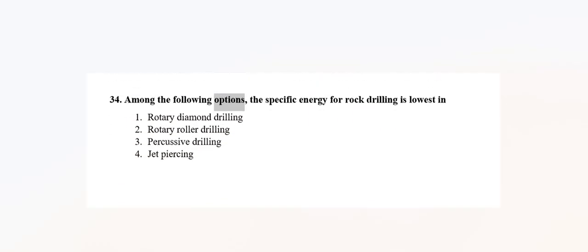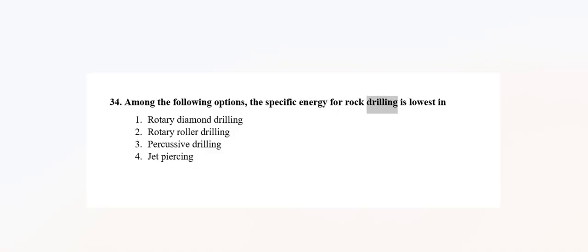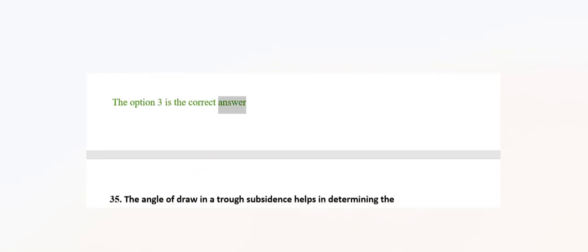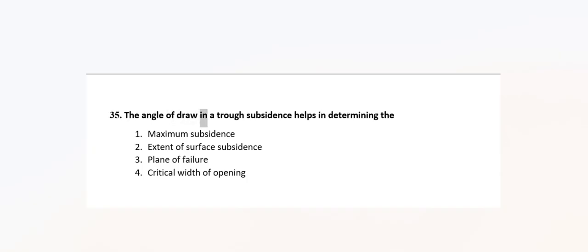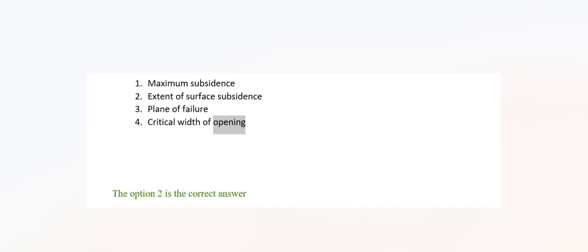34. Among the following options, the specific energy for rock drilling is lowest in rotary diamond drilling, rotary roller drilling, percussive drilling, jet piercing. The option 3 is the correct answer. 35. The angle of draw in a trough subsidence helps in determining the maximum subsidence, extent of surface subsidence, plane of failure, critical width of opening.